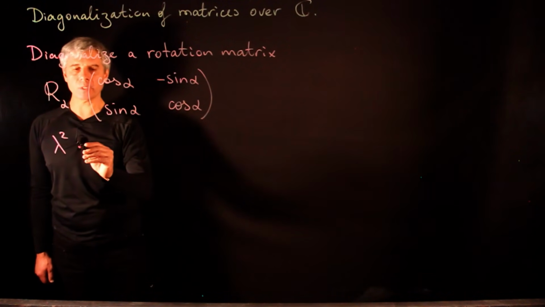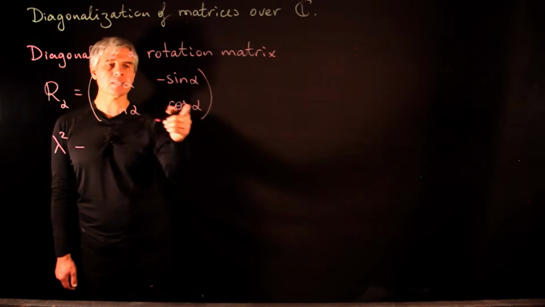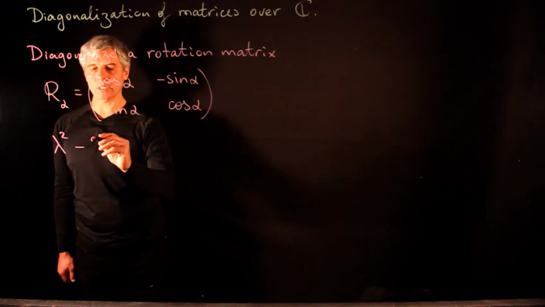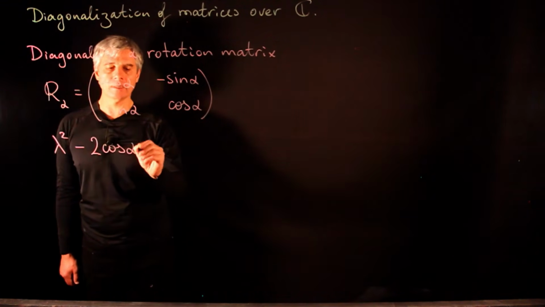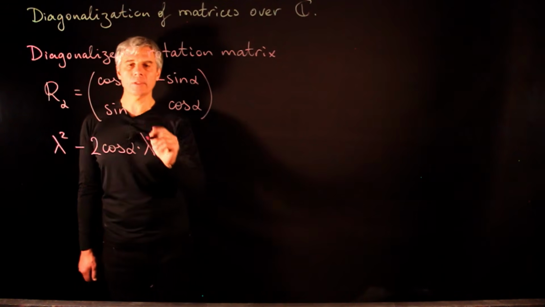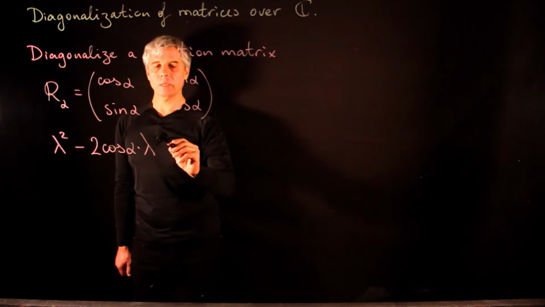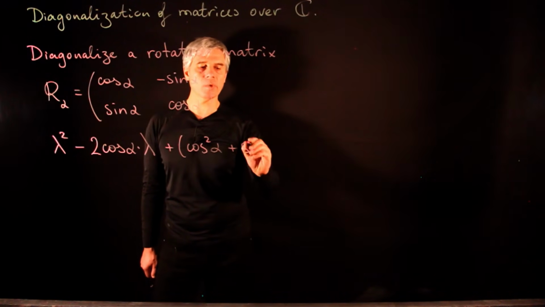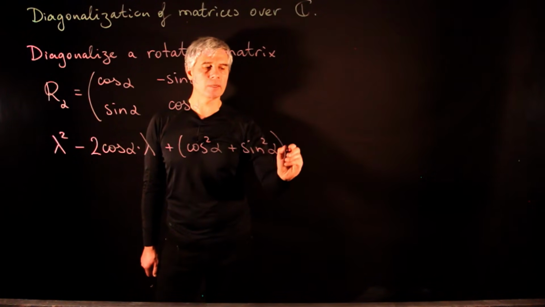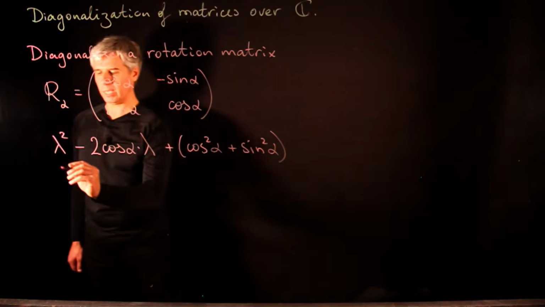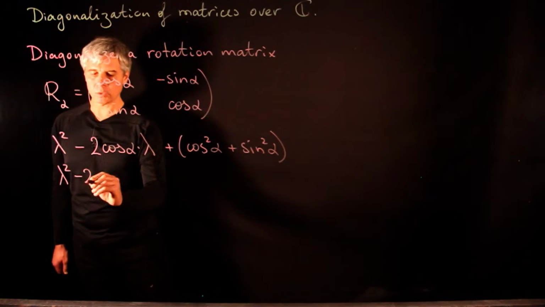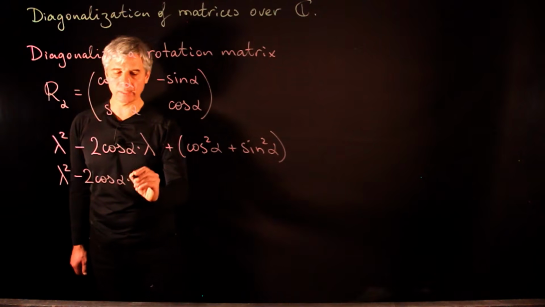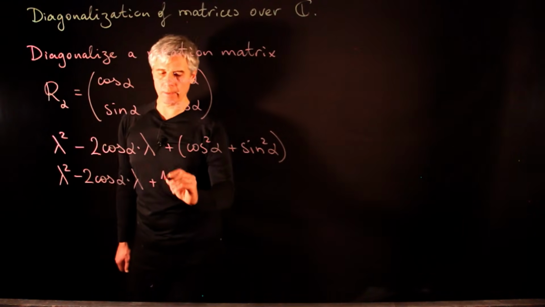So we have lambda squared minus the trace of this matrix, which is 2 cos alpha, times lambda, plus the determinant of this matrix, which is cos squared alpha plus sin squared alpha, and so this is equal to 1. So we get lambda squared − 2 cos alpha times lambda + 1.